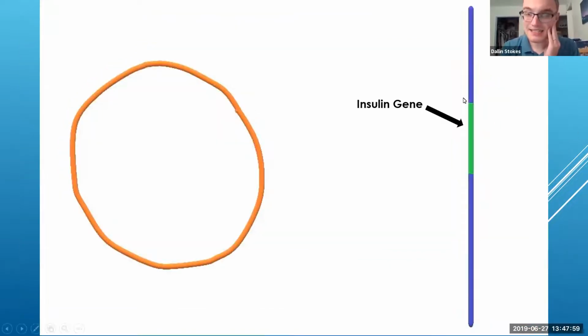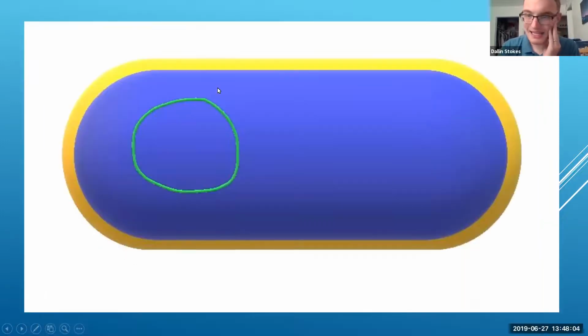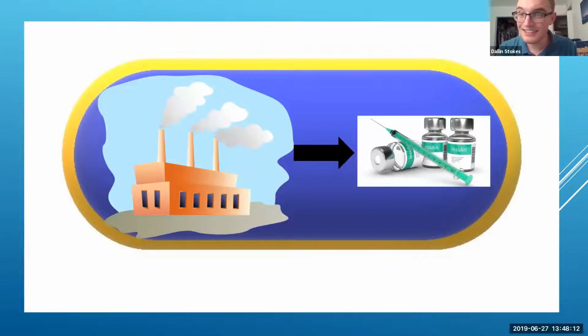If I take this insulin gene here, put it on a plasmid, then put that plasmid inside a bacteria, then that bacteria will turn from being just a normal bacteria into an insulin factory for me. Because they're going to uptake any plasmid that I give them, and then they're going to make whatever genes are on said plasmid, including my insulin one.